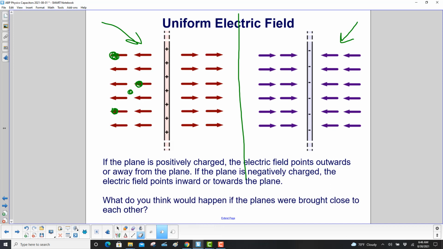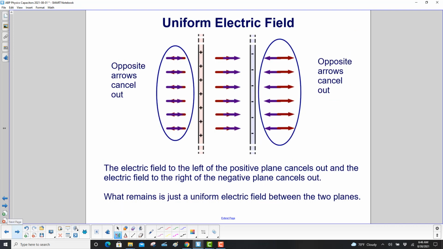Now, let's erase this green line here. And what do you think would happen if the planes were brought closer together? So we're bringing this one over in that direction, and this plane of the negative charges in that direction. Well, here's what would happen. The electric field to the left of the positive plane, that's this area here, cancels out.